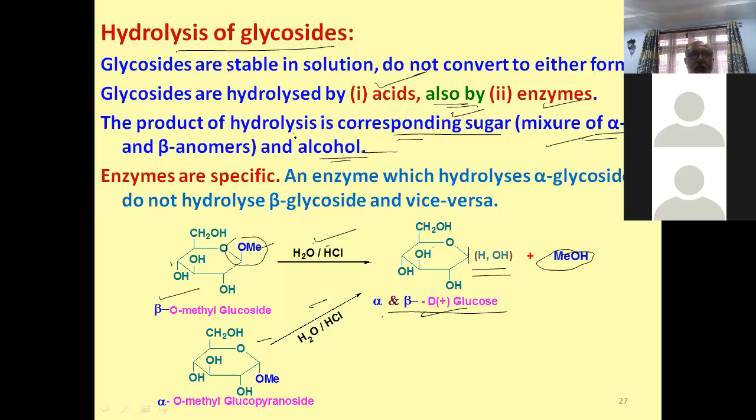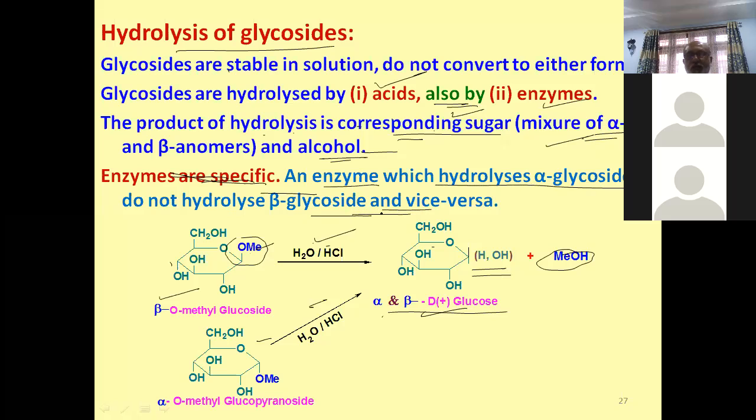But if we do it with an enzyme, what happens? Enzymes are very specific. Now here comes an advantage or disadvantage, you can say: an enzyme which hydrolyzes alpha glycosides does not hydrolyze beta glycosides. Remember that.